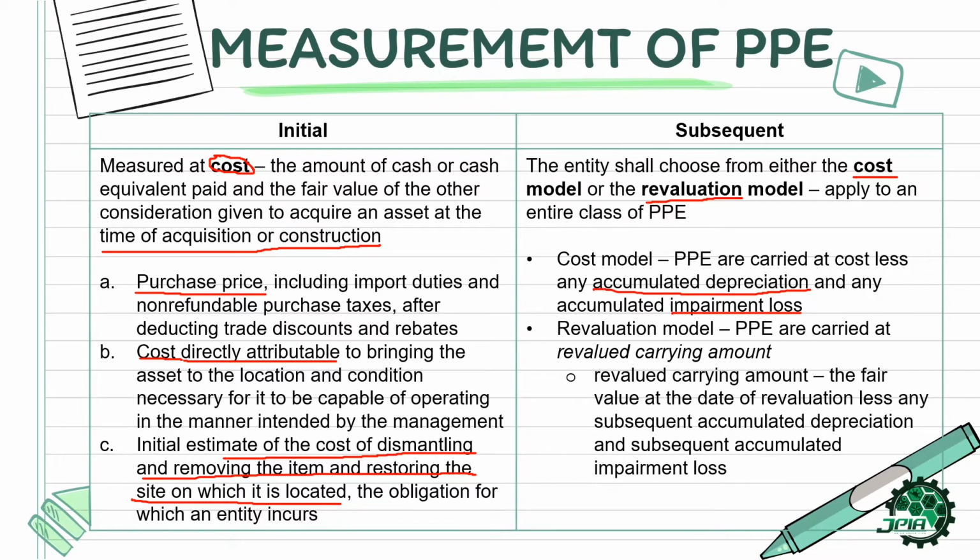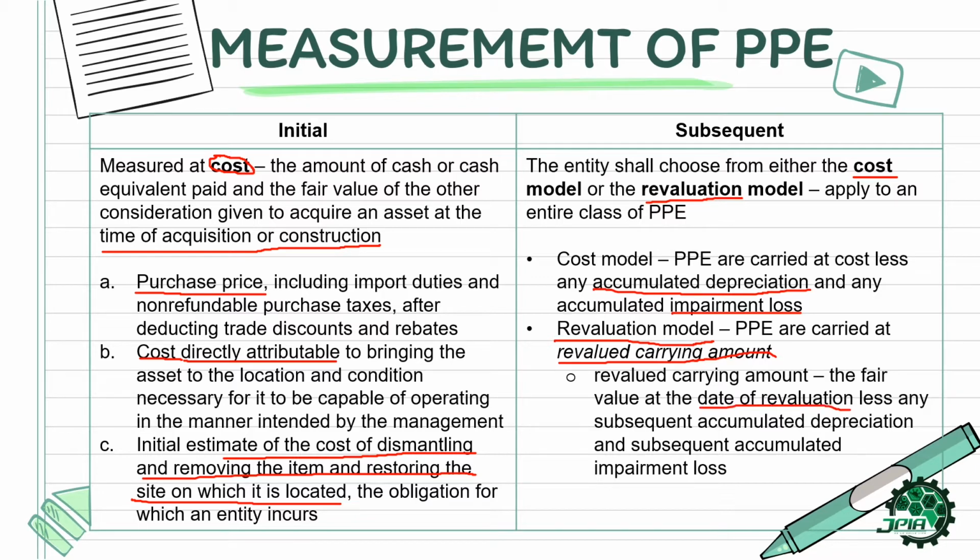Next, revaluation model, they are carried at revalued carrying amount. So, every date of revaluation, in this type of model, we check the fair value of the asset at the date of revaluation.